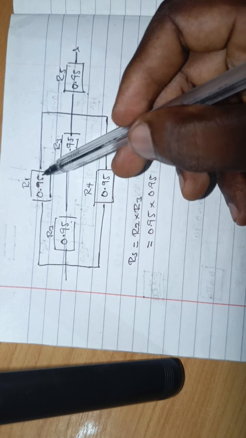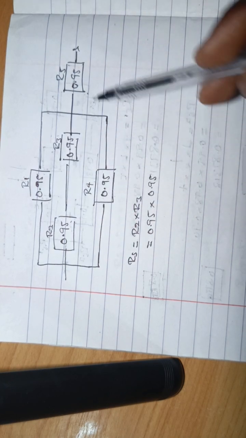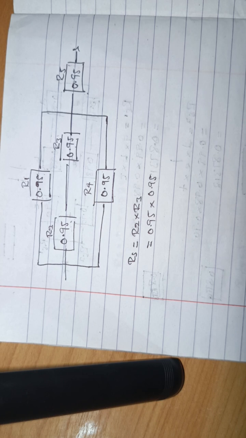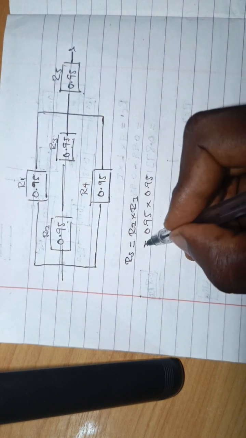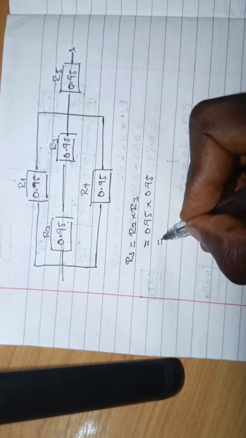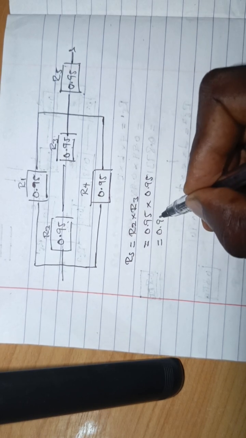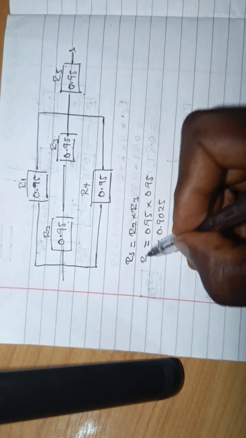Here the values are the same, but in your question you can get different values; it's the same approach, the same procedure, so you don't have to worry. When you multiply these two, you are going to get 0.9025.